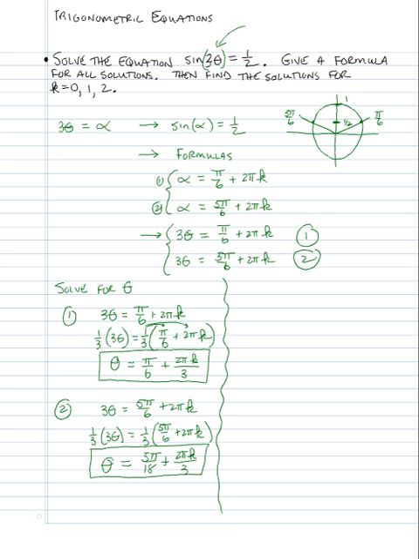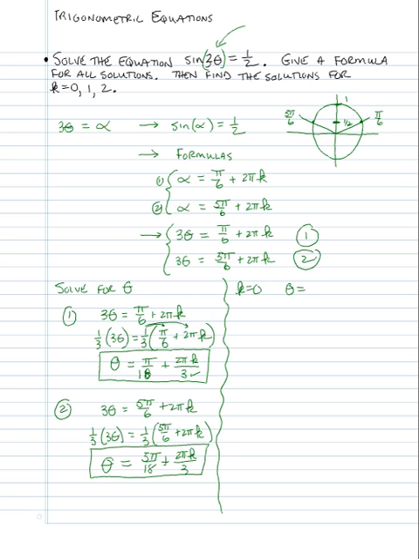Now, when k is 0, we just take each of those formulas and replace k with 0, and in that case, the first formula gives us theta is equal to, whoops, this was an 18. Did you catch me way back up here? 1/3 times pi over 6 is 1 times pi over 3 times 6. That was an 18, wasn't it? But it is correct that we have a 3 here.